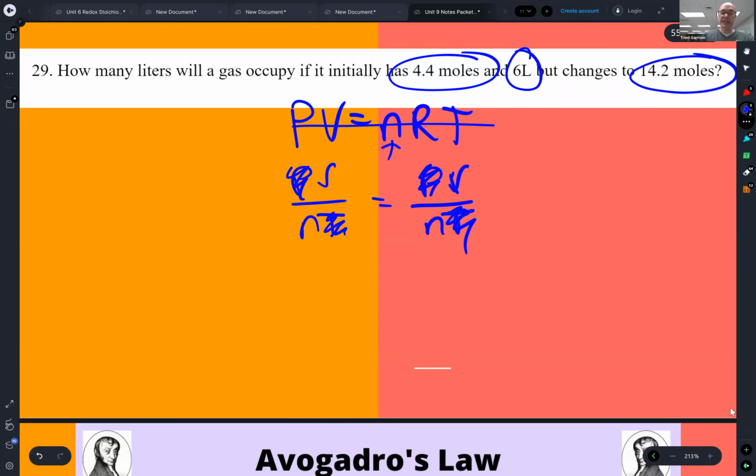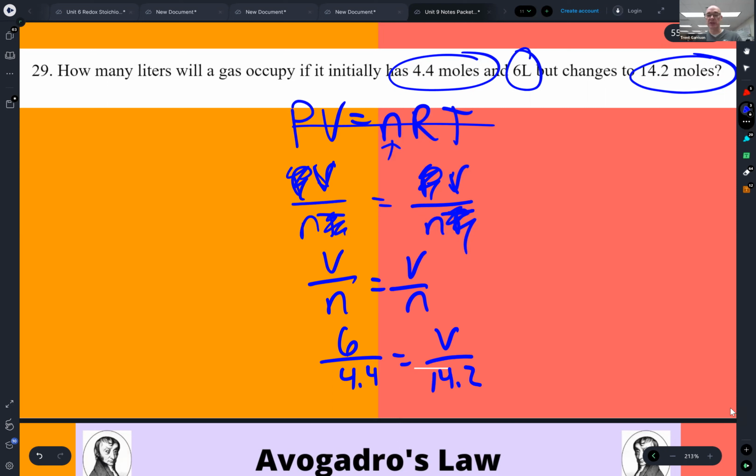So I have V over N equals V over N. I will substitute in my values. I have 6 liters to start. I have 4.4 moles to start. My volume over here is unknown, but my moles increase to 14.2. How much room will this now have? Cross multiply 6 times 14.2, divide by 4.4, and I get 19.4 as my new volume.